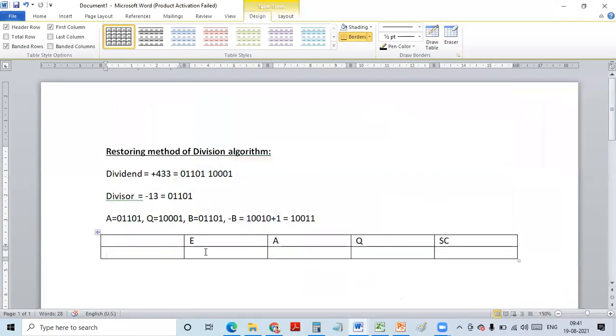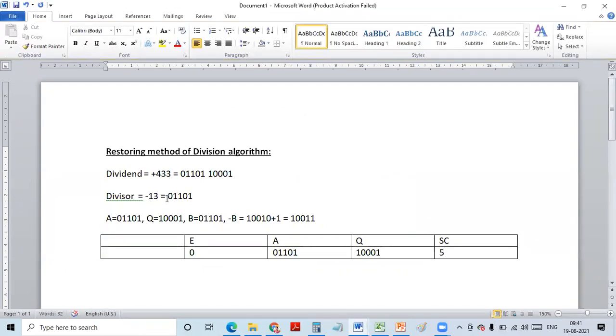So initialize everything. E is initially 0, A is 0, 1, 1, 0, 1, Q is 1, 0, 0, 1, and SC is 5. Okay, right? So what is the divisor here? Divisor is minus 13. So in the B register, I will store 0, 1, 1, 0, 1.